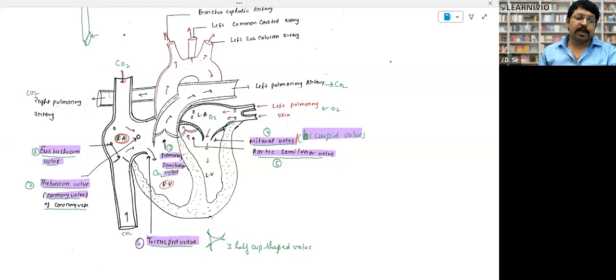The Eustachian valve is found between the right atrium and the inferior vena cava, which prevents backflow. Full stop.